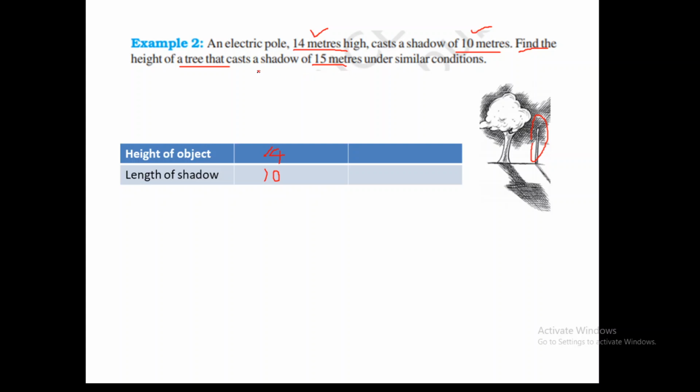So the length of the shadow is 15 meters, and we have to find the height of the tree.